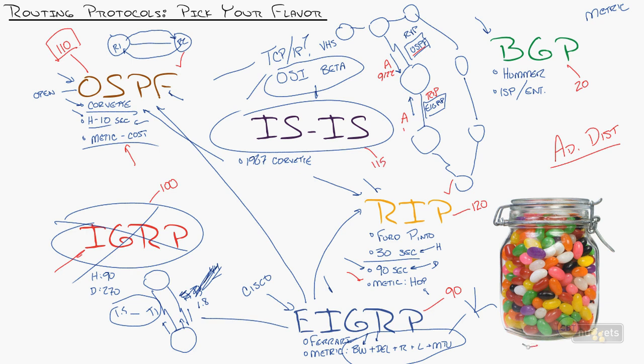Now, one thing is missing from all of this gibberish around the screen, and that is, what about a static route? Anyone remember from the previous nugget what a static route was set to? 1. That's how much the router believes you. So when you go in and you say, router, go that way, there is no routing protocol that's going to overrule you. You have dictated. The only thing that can beat a static route is something with a cost of 0.